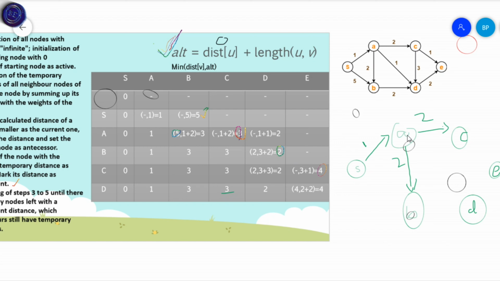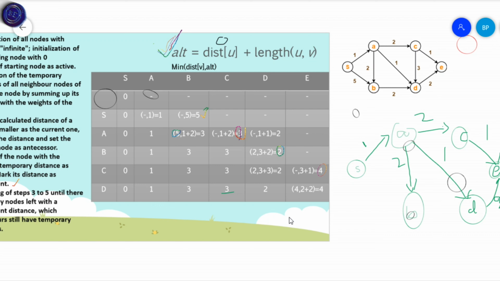So S to A and A to C. Next, coming to D, this is from S to A and A to D. After that, from S to A to C, C to E. This is the minimum, or this can be considered because both values are the same. I think you understood it.